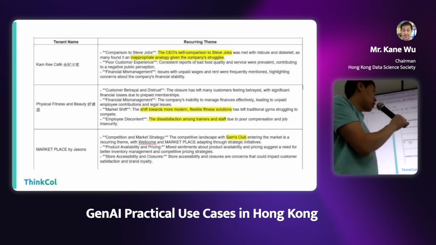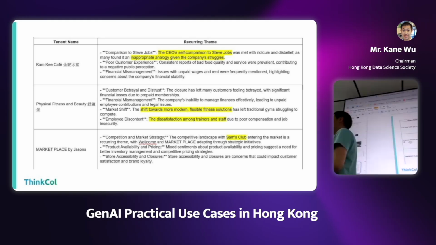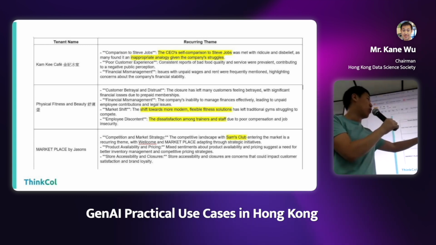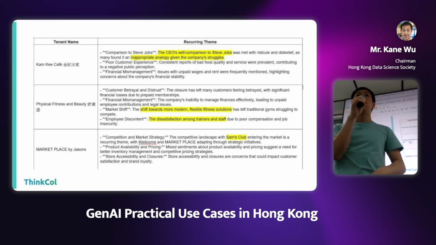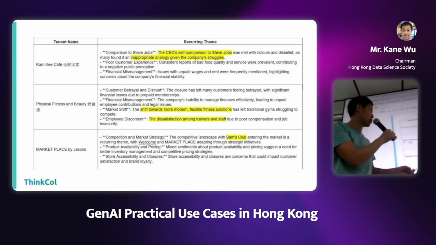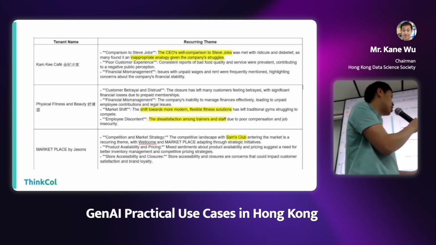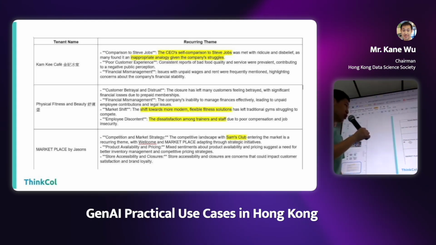For Physical, other than a lot of customers feeling betrayed, people on social media say that because there's a shift to more modern, flexible fitness solutions like 24/7 fitness, people stop going to places like Physical. The trainers and staff are also very discontent because of poor compensation and insecurity.